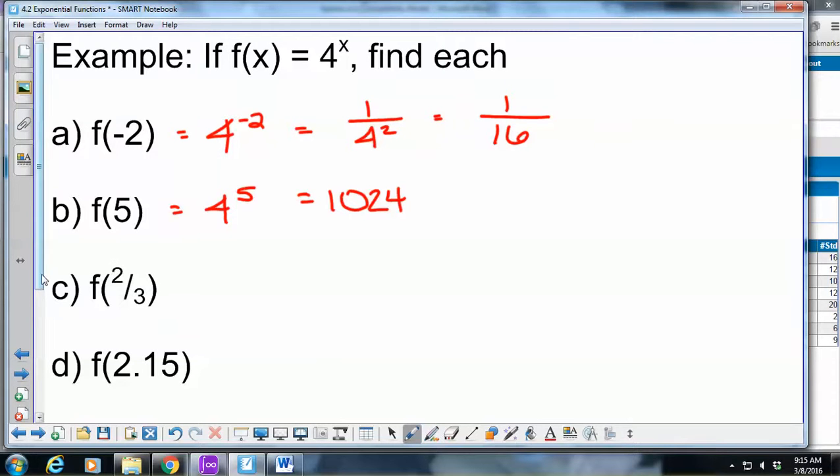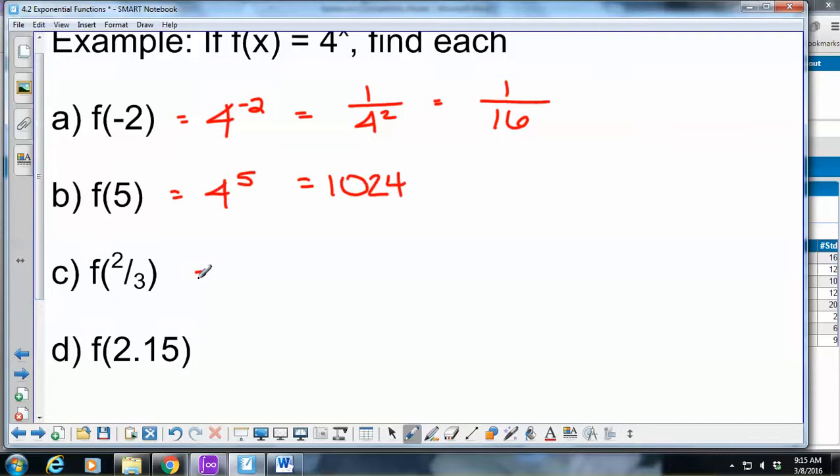All right, what if I put in a 2/3? So 4 to the 2/3, what does that mean? How do you deal with those rational exponents? The cube root of 4 squared. What is 4 squared? Okay, cube root of 16.